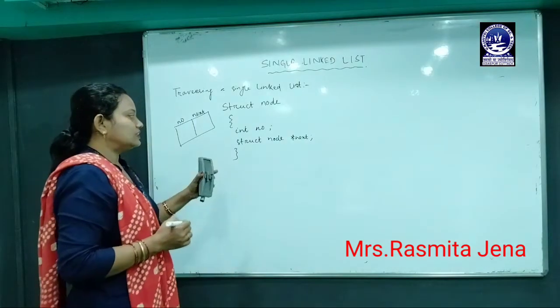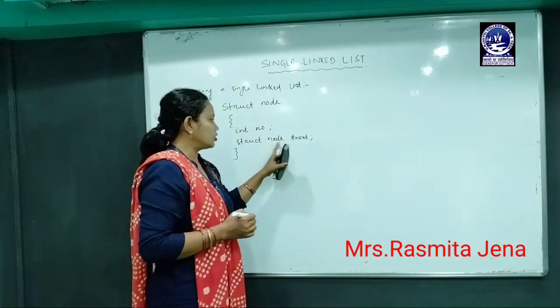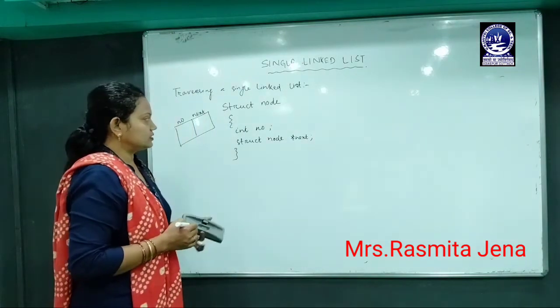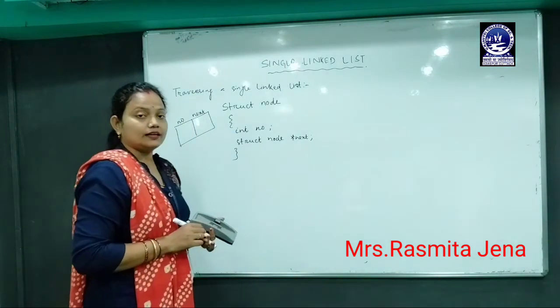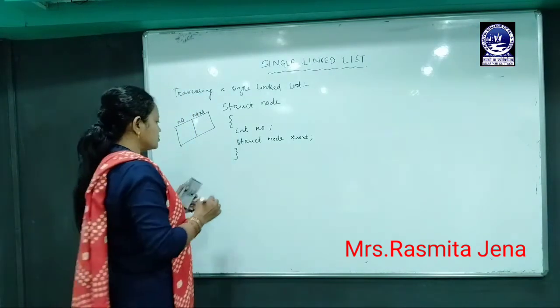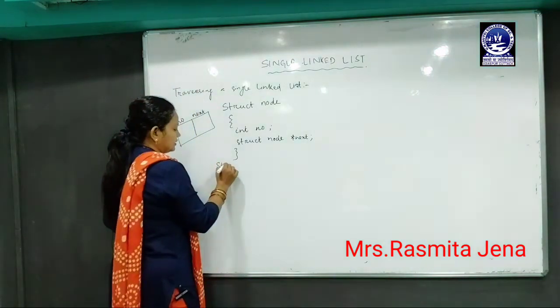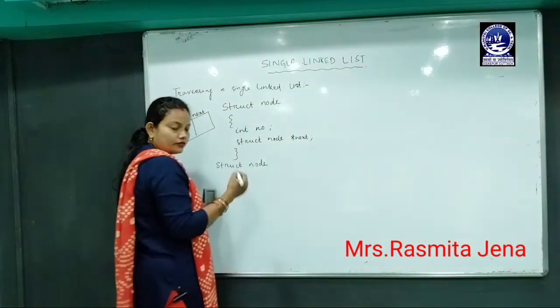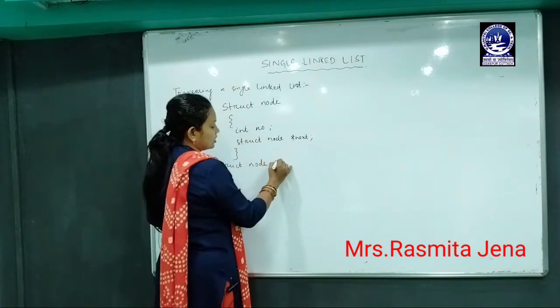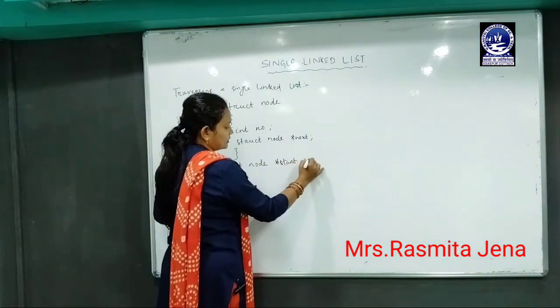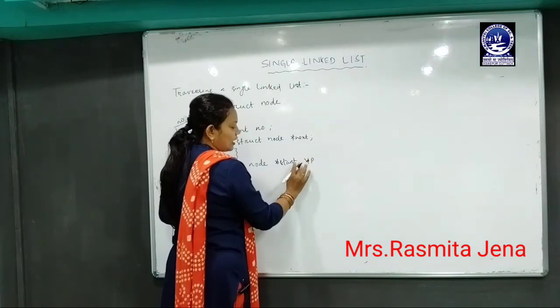Okay, that means this is the pointer variable of struct node type to hold the address of a node, and this is the structure we already defined at the time of creation of the single linked list. Suppose we have two pointer variables of struct node type, struct node start, and the second one is p.